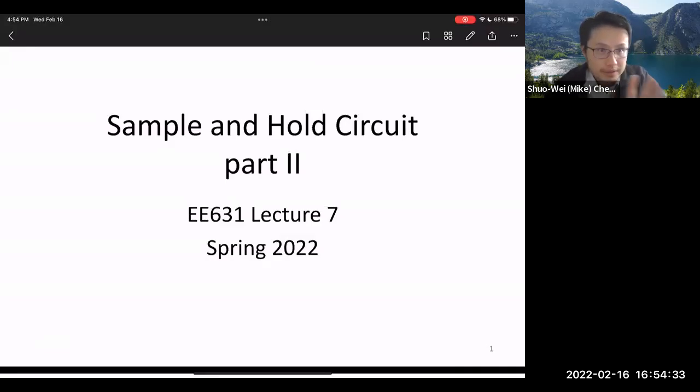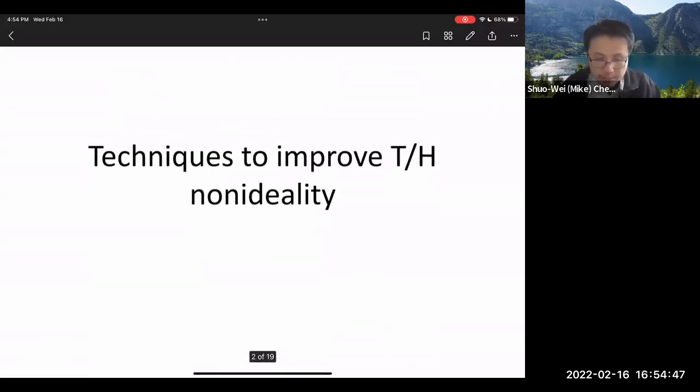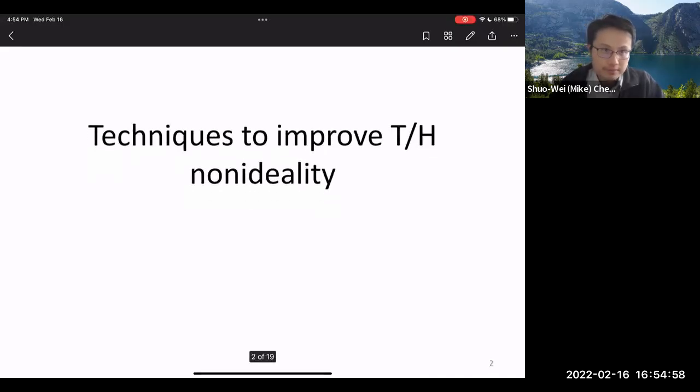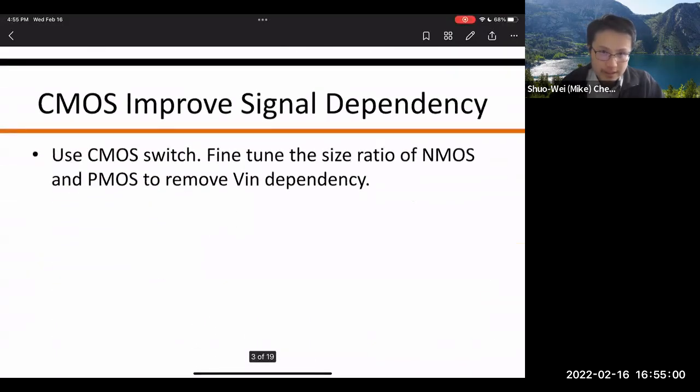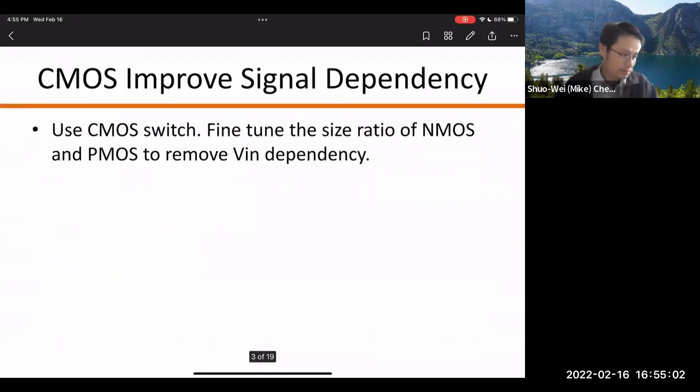But of course, there are a lot of different approaches that we can use to mitigate those effects without necessarily making the devices too large, and things like that, right? So that's the point of part 2 of this lecture. Basically we want to see what are the different useful techniques to improve or mitigate those non-idealities.